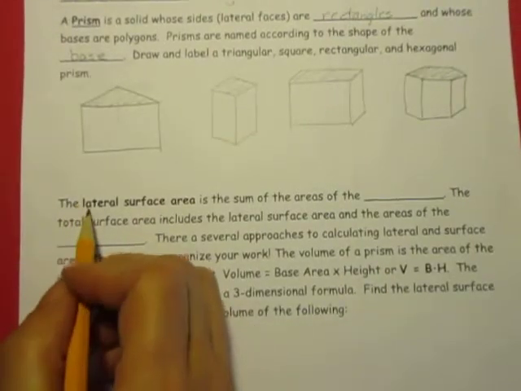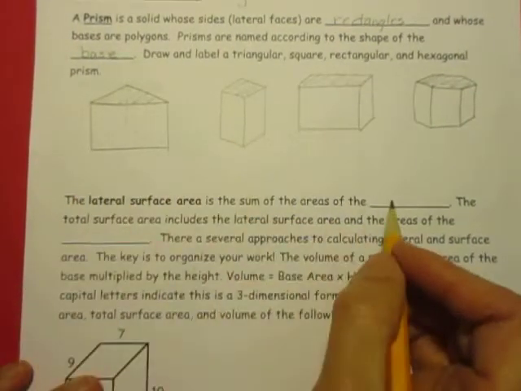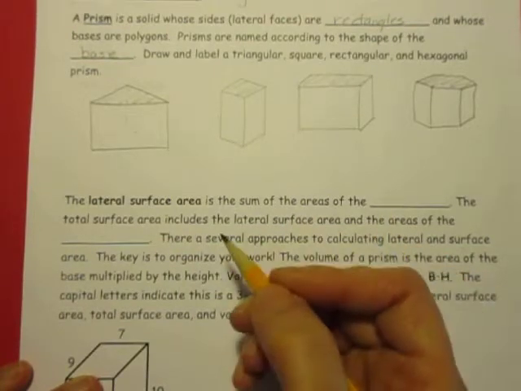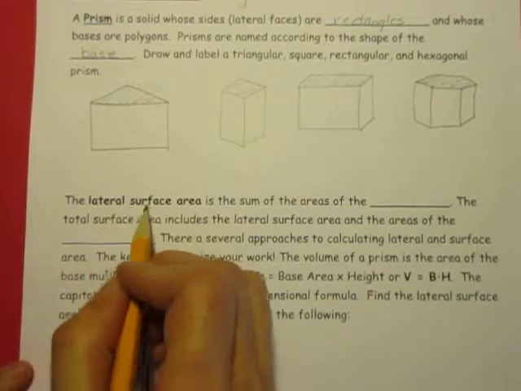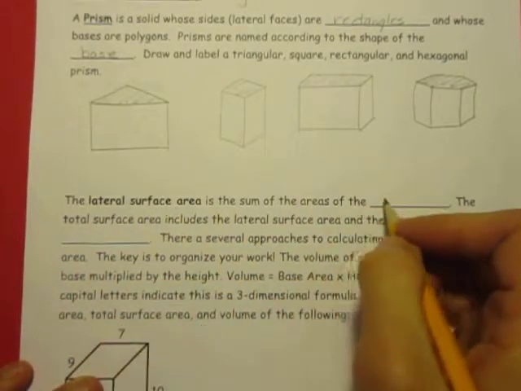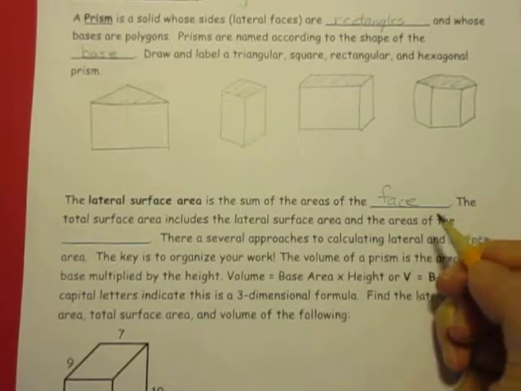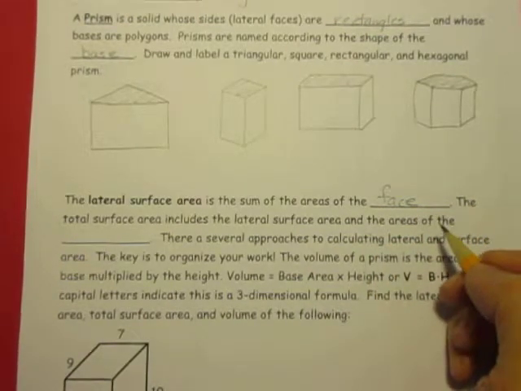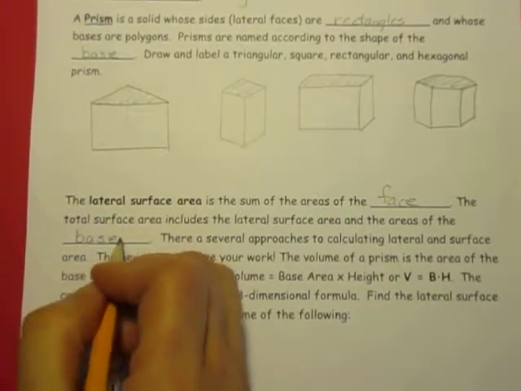Okay, so we're going to be working with laterals. First of all, we're going to work toward finding surface area and volume, and that's where identifying your pairs of sides comes in handy. The lateral surface area is the sum of the areas of the faces. And then the total surface area includes the lateral surface area and the area of the bases. You're like, what in the world?